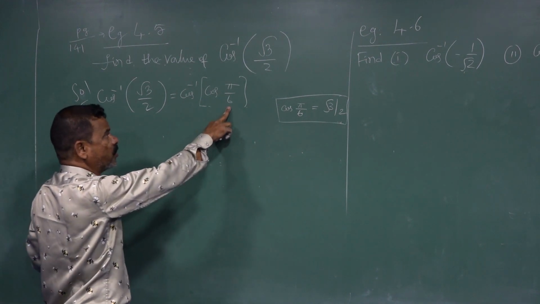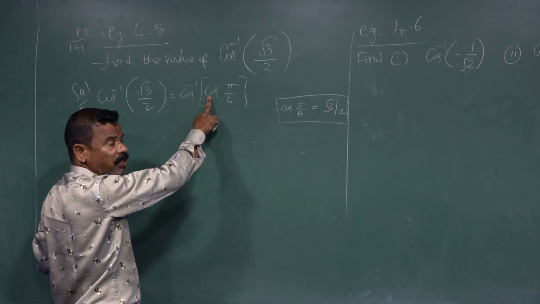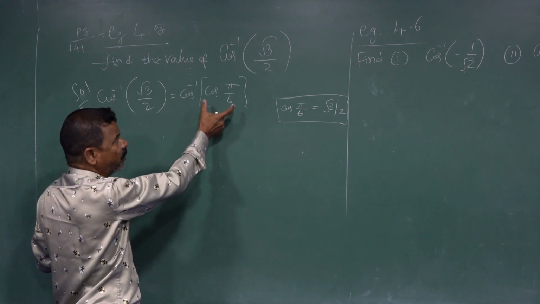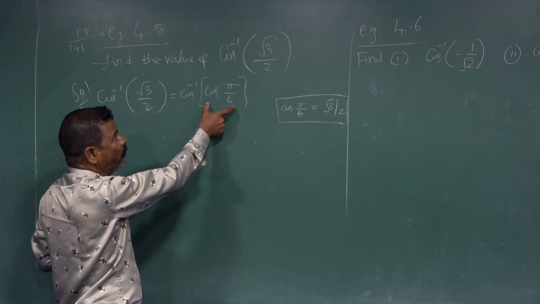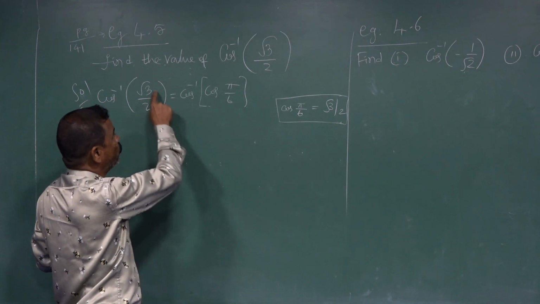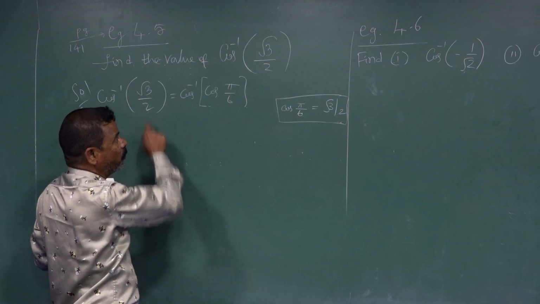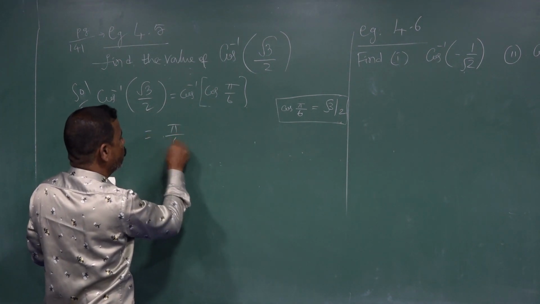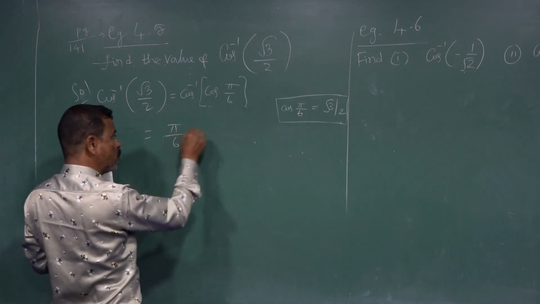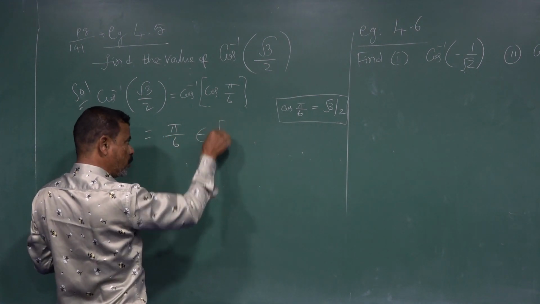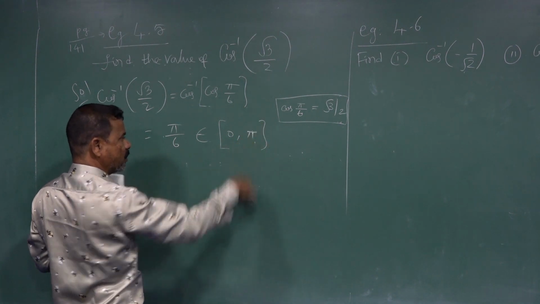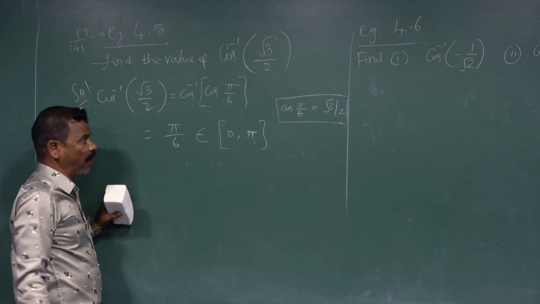So we check this value. For this inverse function, the value must lie from minus 1 to plus 1, and root 3 by 2 is in that range. So here cos inverse of cos cancels, leaving 5 by 6. Whether this value lies between 0 to 5: previously I discussed these principal values.